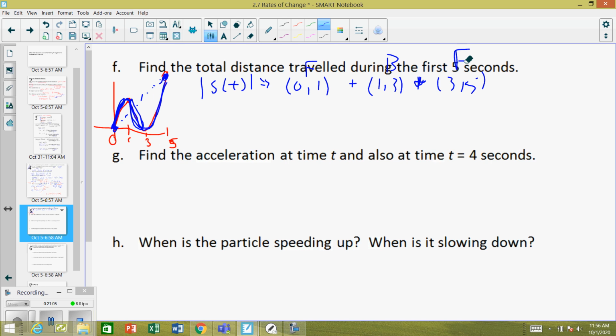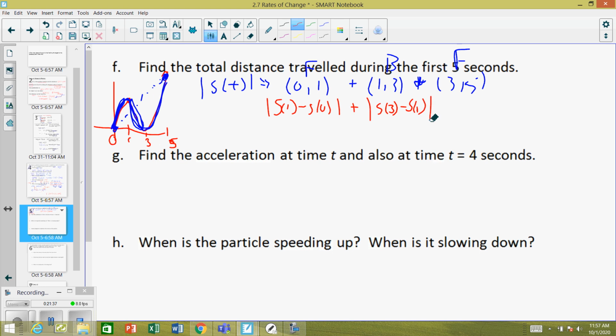And how we do that is we just take the difference between the two. So for instance, this one right here is the absolute value of S of 1 minus S of 0. And that's going to tell me the distance that I traveled from time equals 0 to time equals 1. And then plus the absolute value of the difference between S of 3 and S of 1.